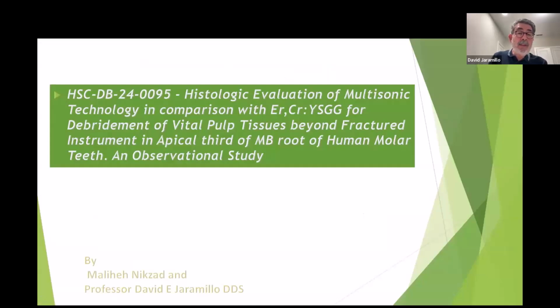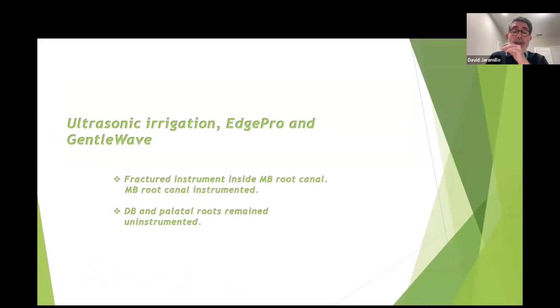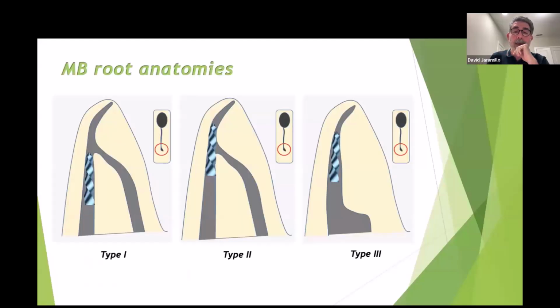So with one of the preceptors, we wanted to see if multisonication has any effect beyond a broken instrument. So we used H Pro, ultrasonic, and GentleWave. We used three different types of scenarios. One was an MB1 and MB2, and we fractured the file before they joined together.